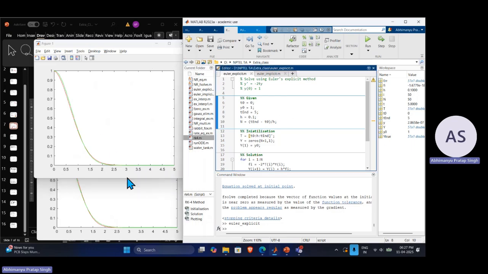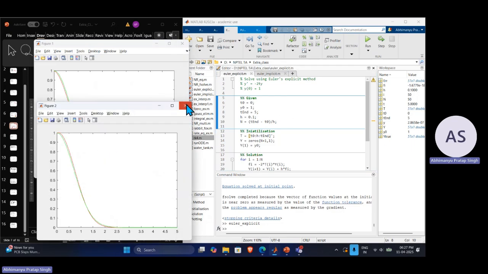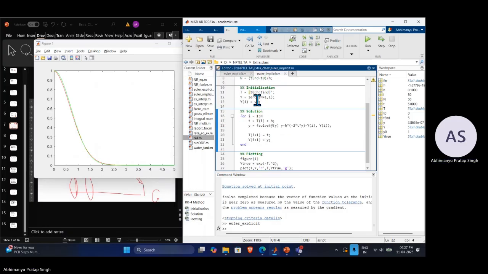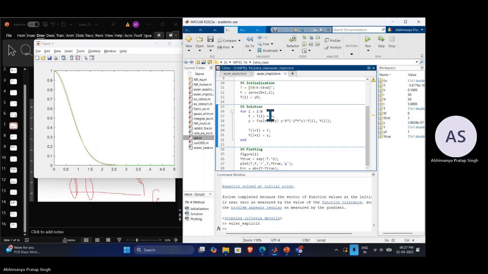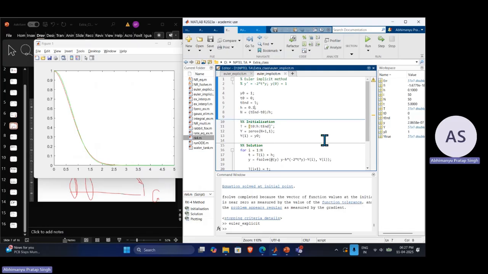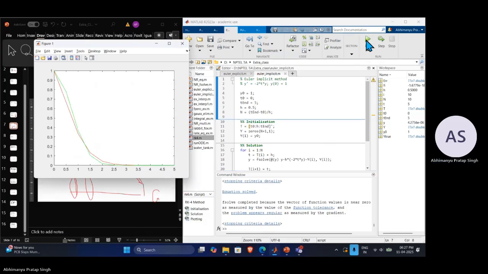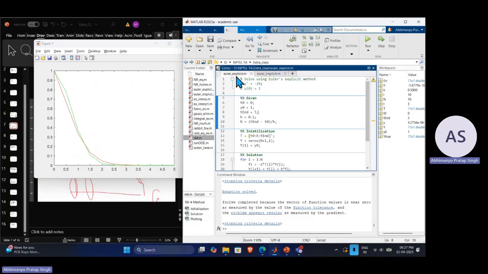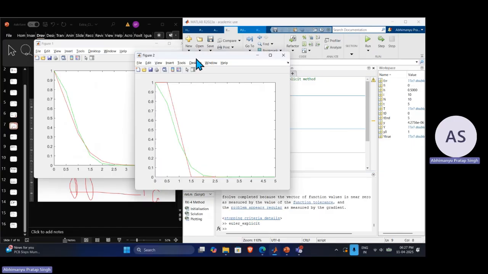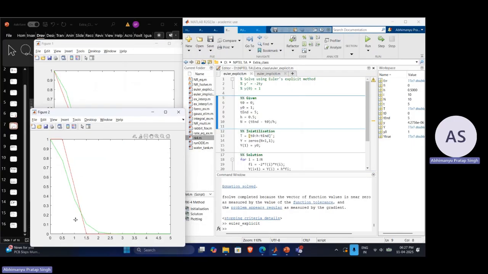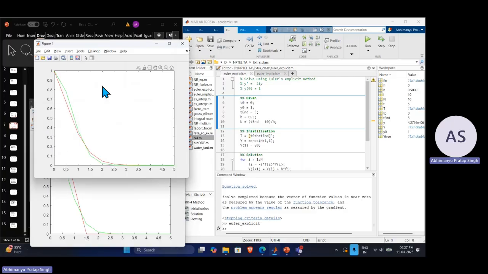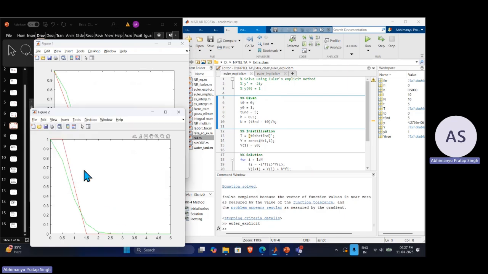But let me do 0.5. As you can see, for 0.5 over here, I was getting a very crude approximation, right? So 0.5 for explicit was giving me a very crude solution, but this is also a crude solution, but it's acceptable compared to this.